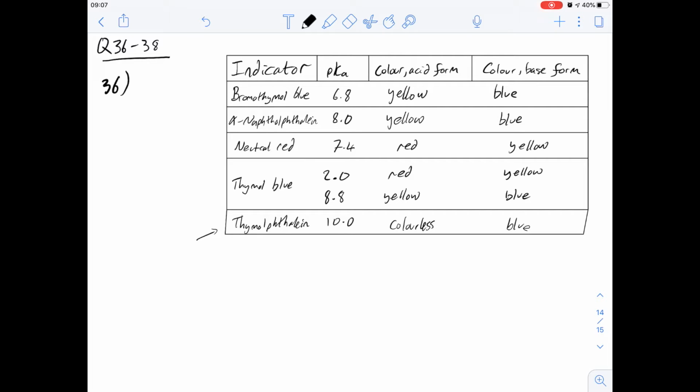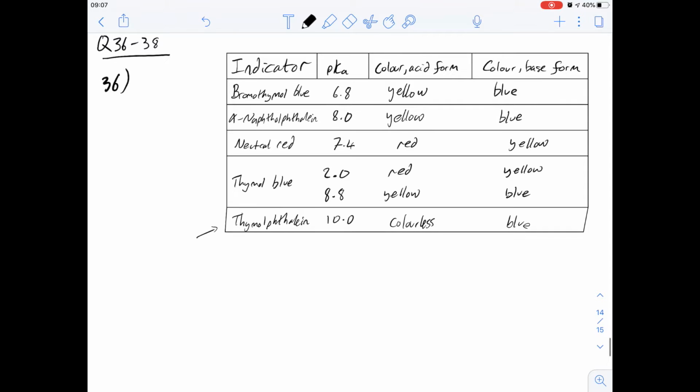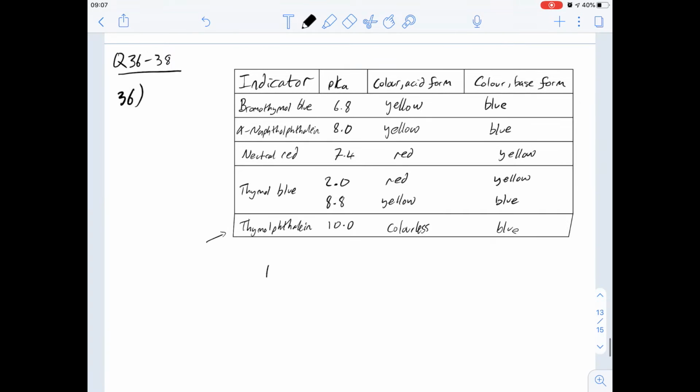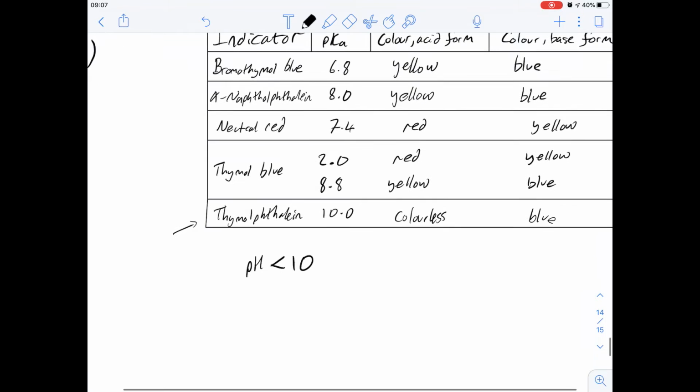Because it remained colourless, we know that it's going to be in its acidic form in this solution. And if it's in its acidic form, that means that the pH of the unknown solution is going to be more acidic than the pKa, meaning that it's going to have a pH which is less than 10. So that's what the first one tells us.